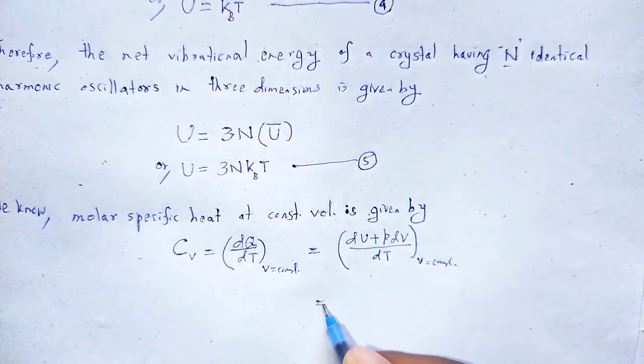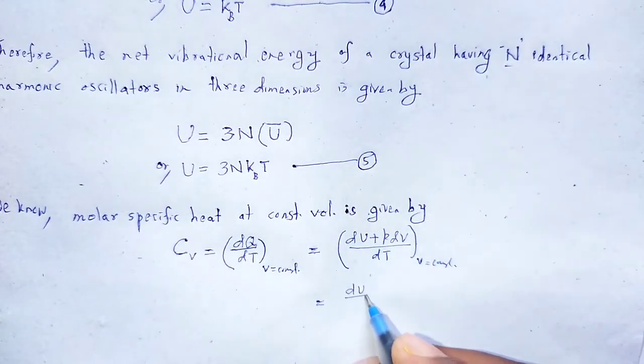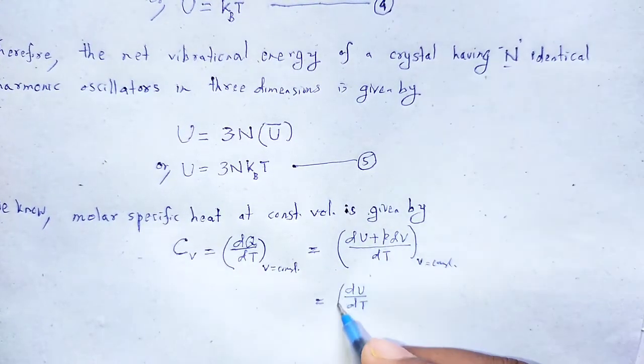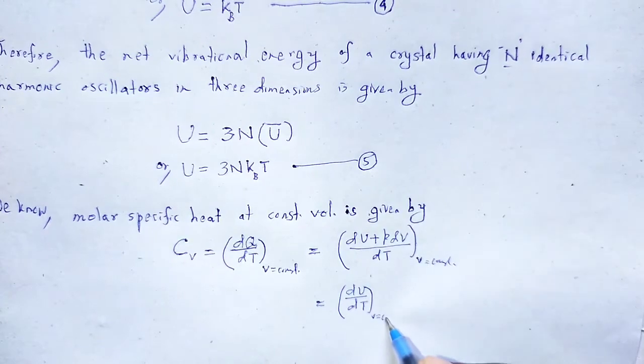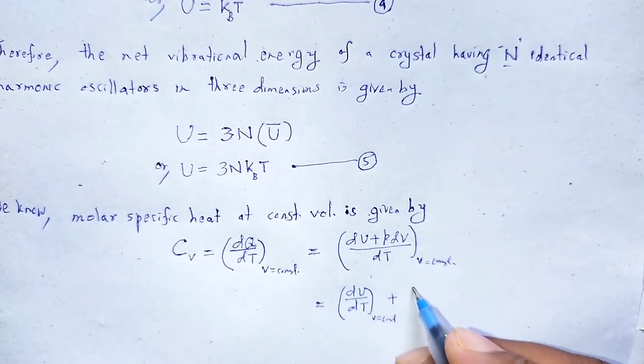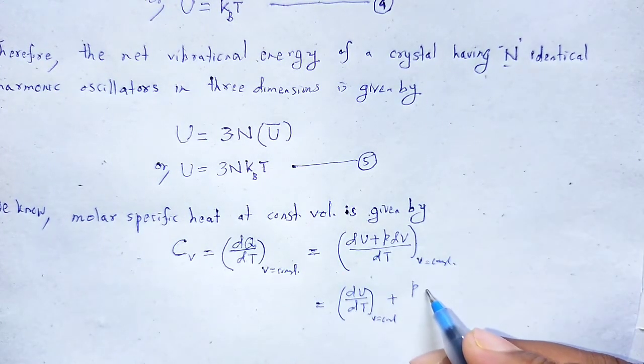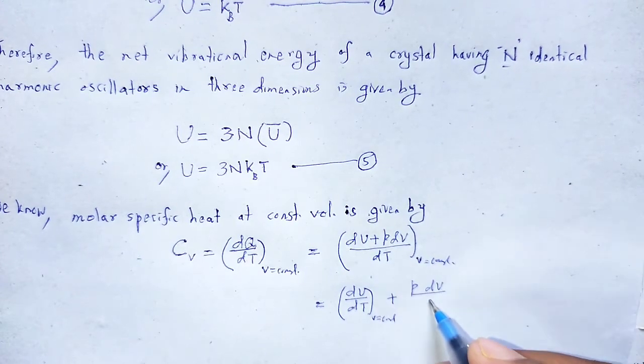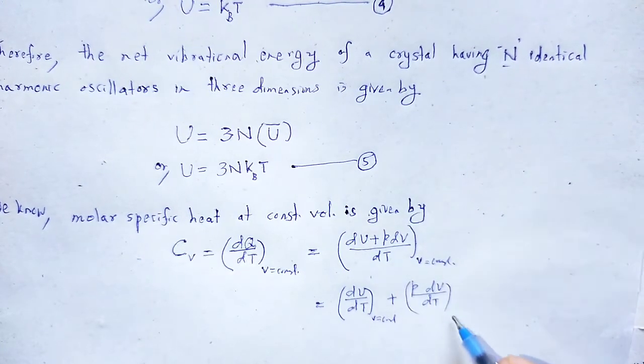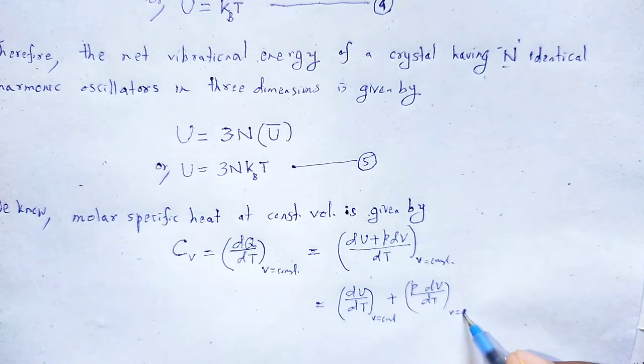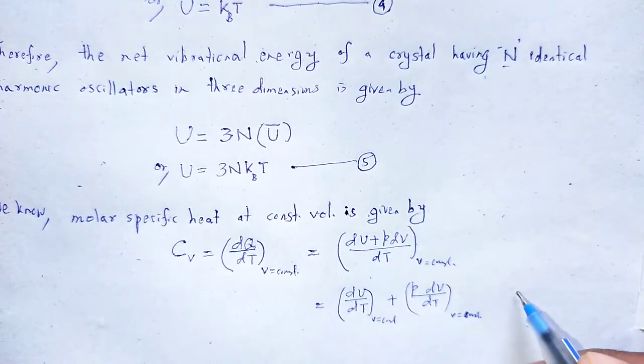That is equal to dU by dT at constant V plus P dV by dT at constant volume.